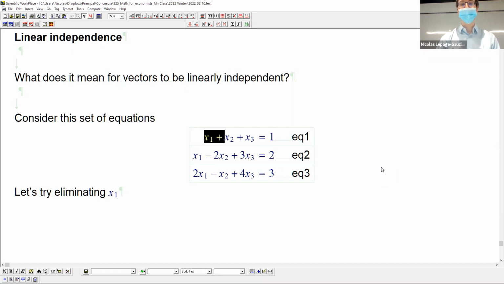By the way, here everything looks fine because this doesn't look like it's a multiple of this one, and this one doesn't look like a multiple of this one, and this one doesn't look like a multiple of this one. So it would appear that we should be able to find a solution. So let's try it.